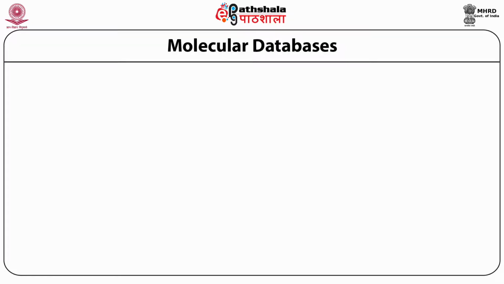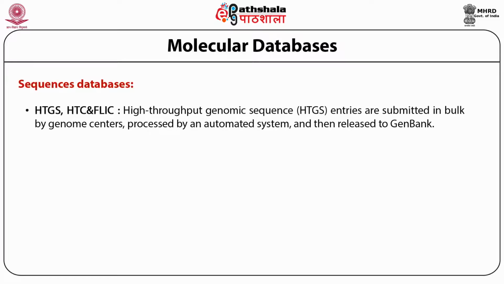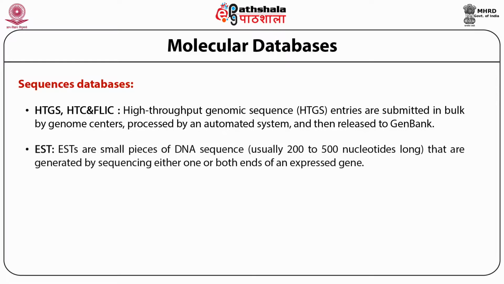We give the description of the different sequence databases such as HTGS, that is the high throughput genomic sequences entries that are submitted in bulk by genome centers, processed by an automated system, and then released to GenBank. Similarly, ESTs are small pieces of DNA sequence, usually 200 to 500 nucleotides long, that are generated by sequencing either one or both ends of an expressed gene.